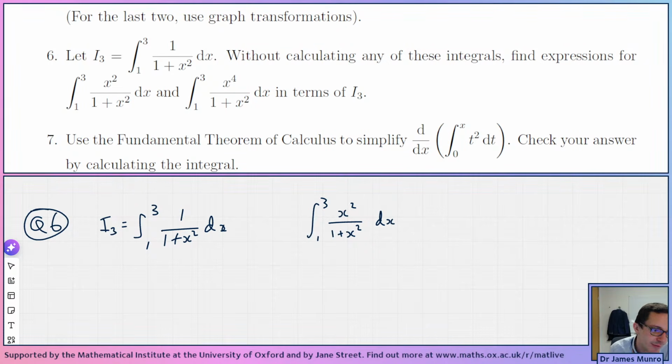In general, when you have a fraction like this, this is a polynomial divided by another polynomial. If the polynomial in the numerator has a degree at least as large as the denominator, then you can do a little bit of polynomial division and simplify things.